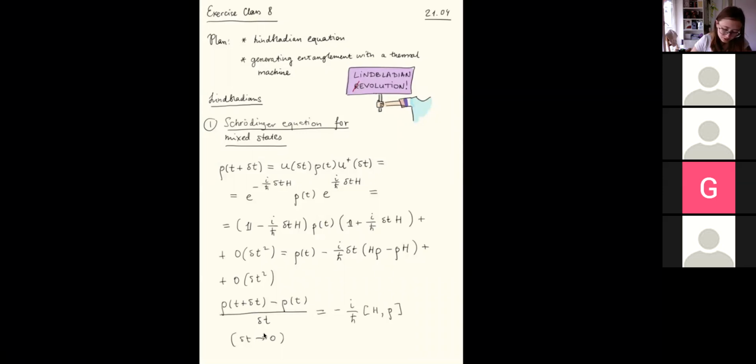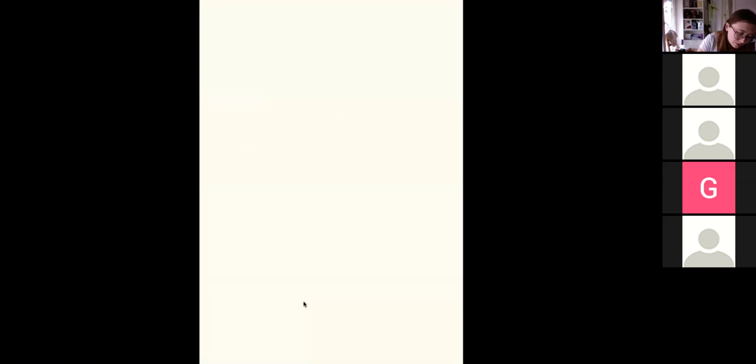Okay, and the expression on the left-hand side is exactly the derivative of rho with respect to the time t. And so hence we get our equation: d rho over dt is equal to minus i over h bar, the commutator of H and rho.